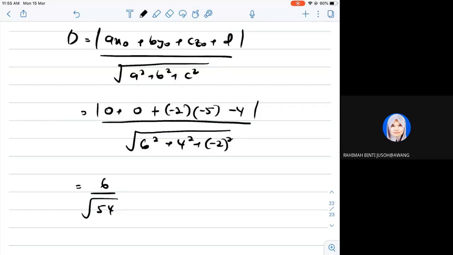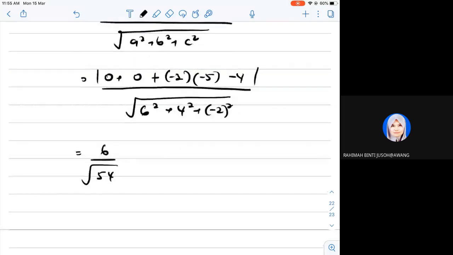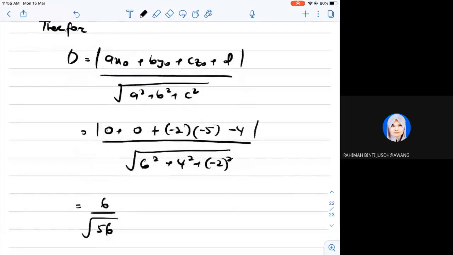Kalau saya salah, beritahu. 36 tambah 4, 36 tambah 16, sorry. 36 tambah 4, 40 tambah 16, 56, 56, isn't it? Guys, dapat tak? Yes. Betul. Okay.